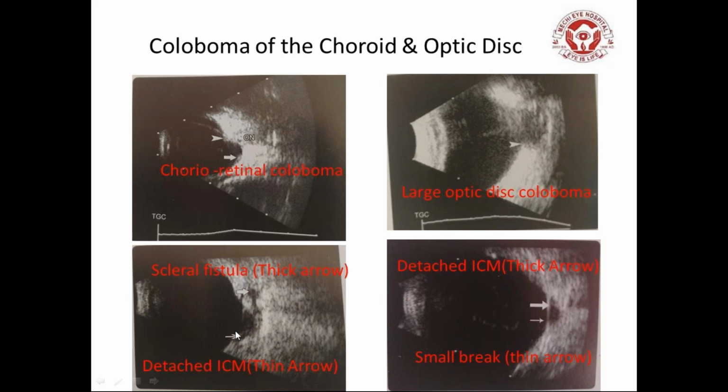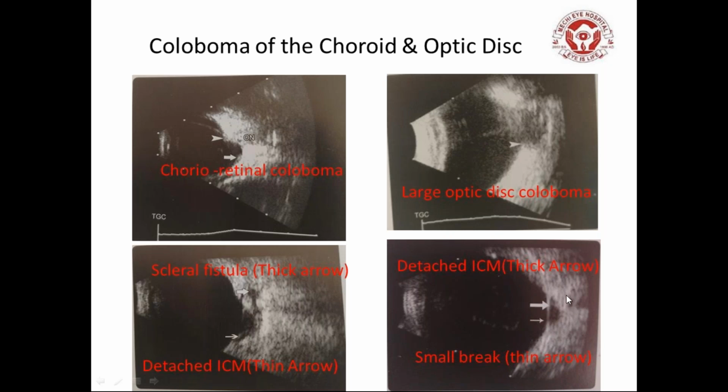Sometimes we have to find whether a cyst is there or not in case of choroid, because if there is a detached intercalary membrane, then there will be presence of a cyst. We can see here a detached intercalary membrane, and we can find this scleral fistula. Often we mistakenly diagnose whether this is retinal detachment or something else.